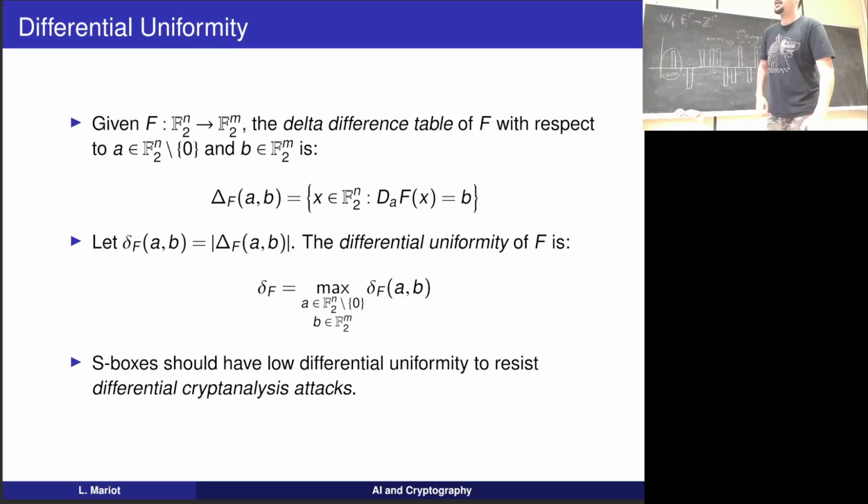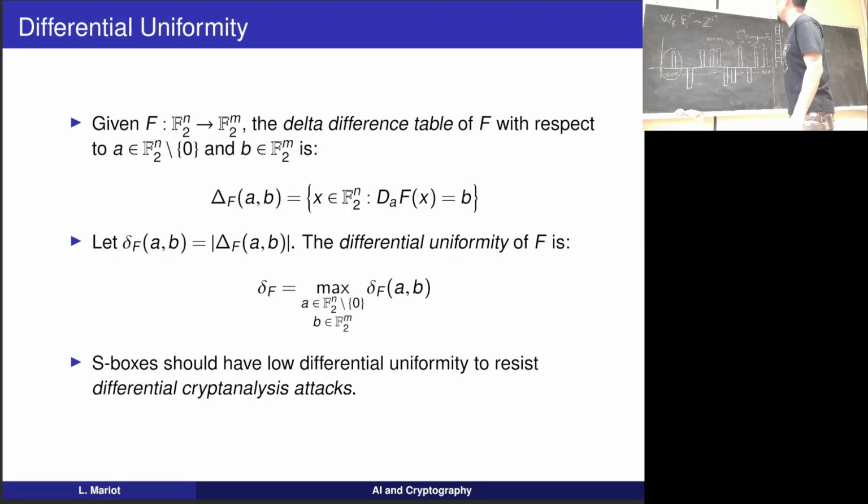So how do you formalize this property? You define what is called the delta difference table. You take 2 vectors, one input vector a, which is non-zero, so we are excluding the null vector, and an output vector b, which can be anything. And then you compute this set here, which is the set of all input vectors x such that d_a f of x is equal to b.